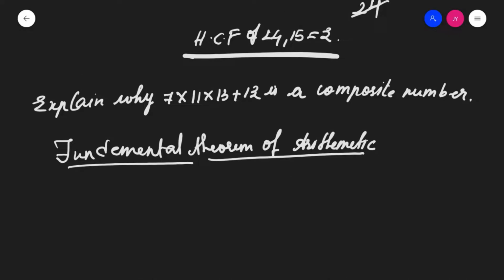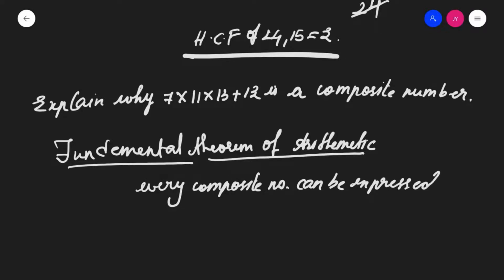It says that every composite number can be expressed as a product of prime numbers.